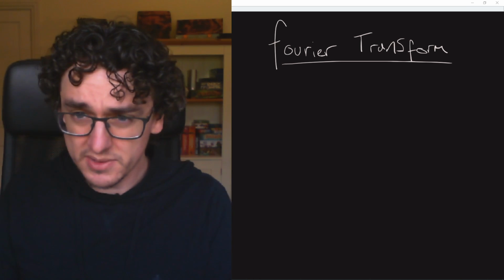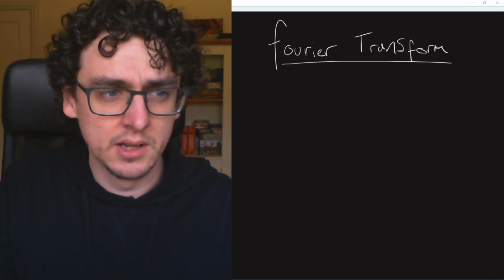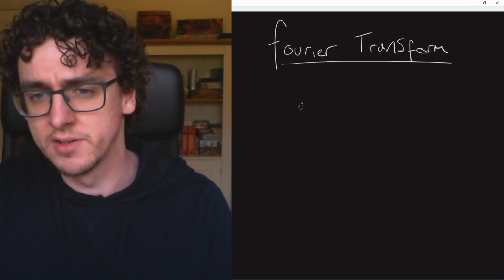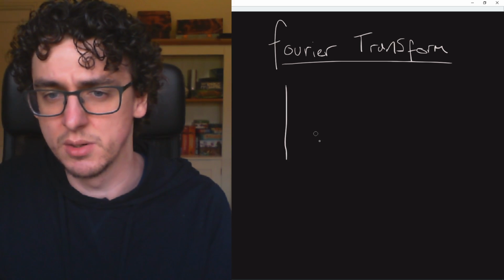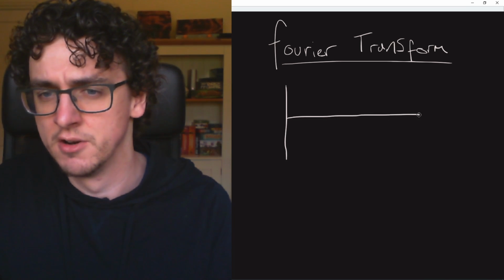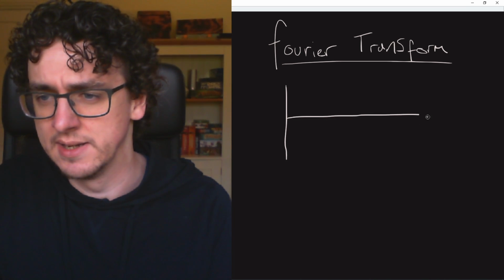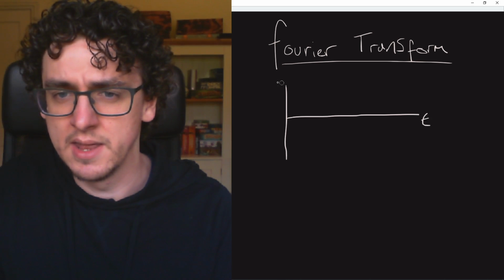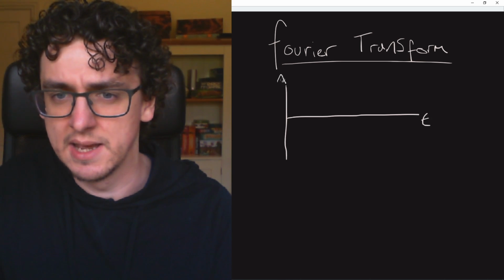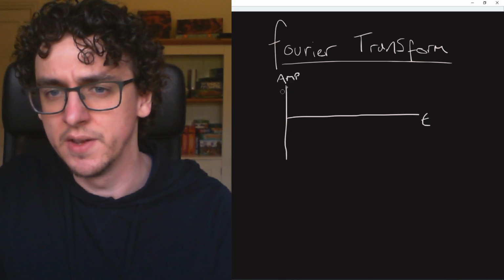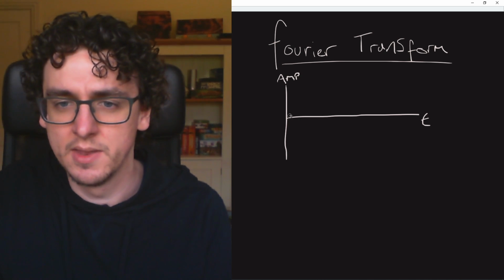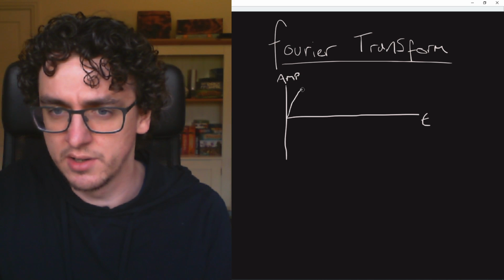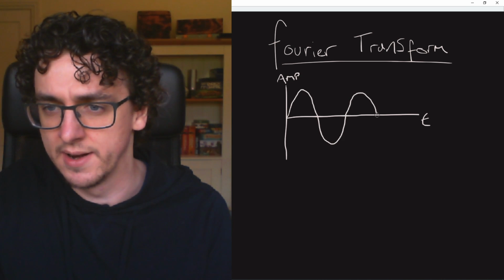Well, usually, when we're having our synth, we have our signal, which is a bunch of samples. So if I draw a graph here, where the x-axis is time and the y-axis is the amplitude, or you can think of amplitude as the air pressure, then our signal is just something like this.